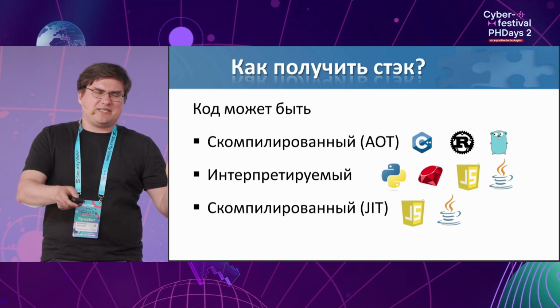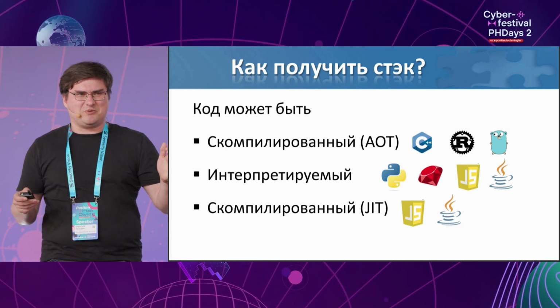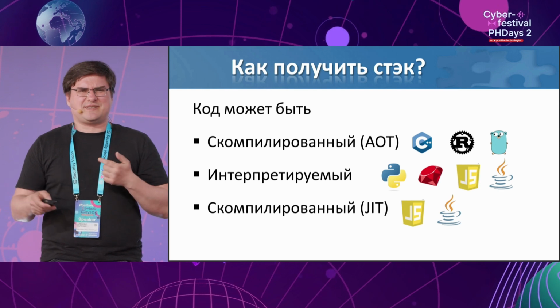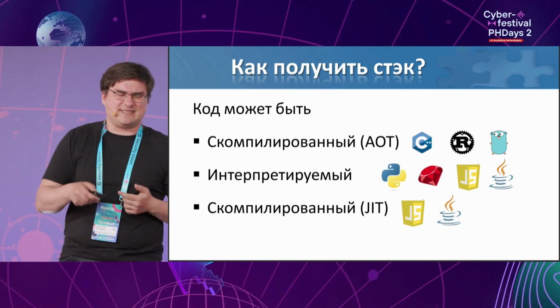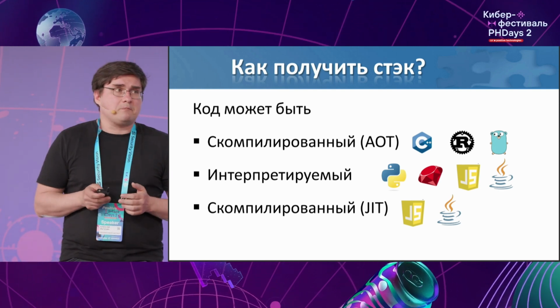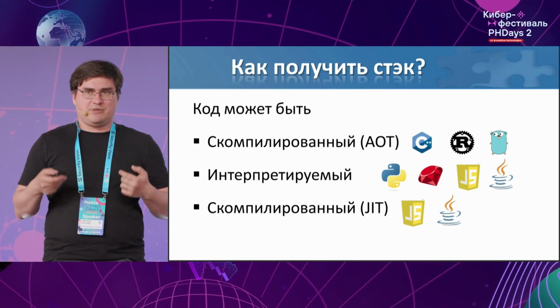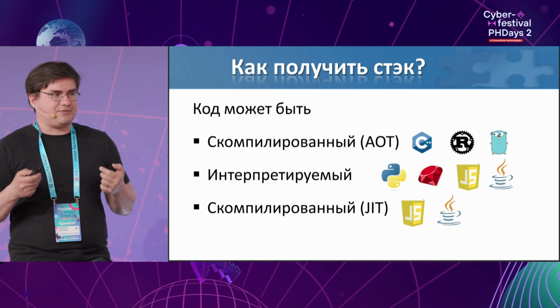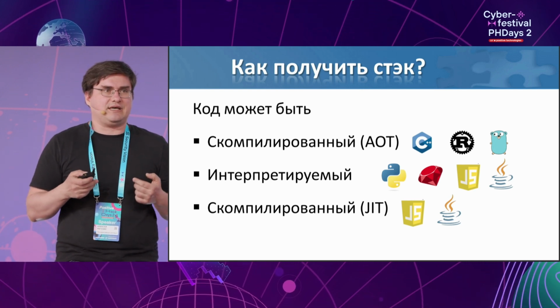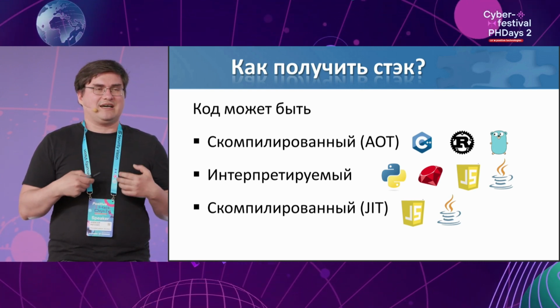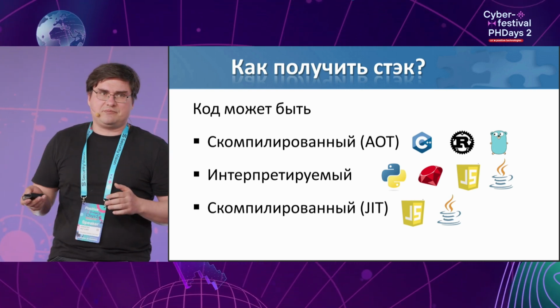You collect a stack trace, and somewhere you see compiled code, somewhere interpreted code, and there are compiler optimizations and whatnot. So you need to have platform support for good quality of stack traces, and sampling profilers should rely on the runtime capabilities.